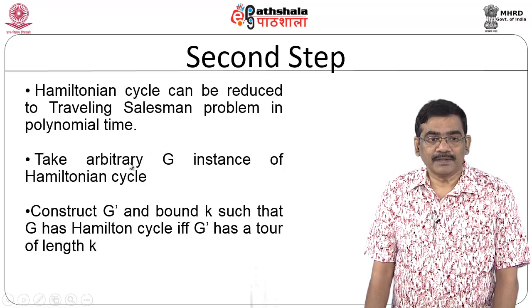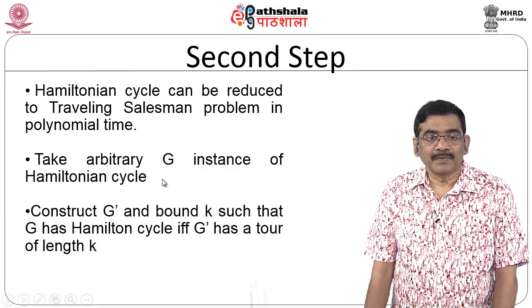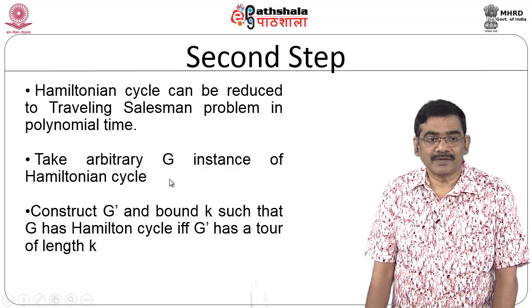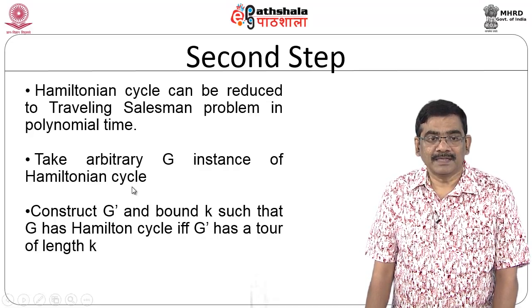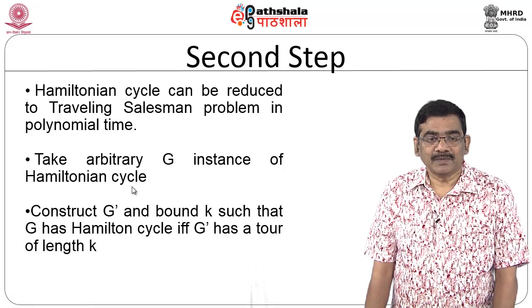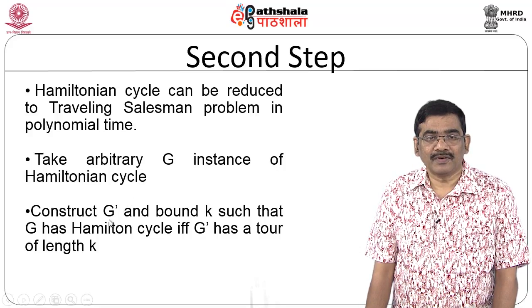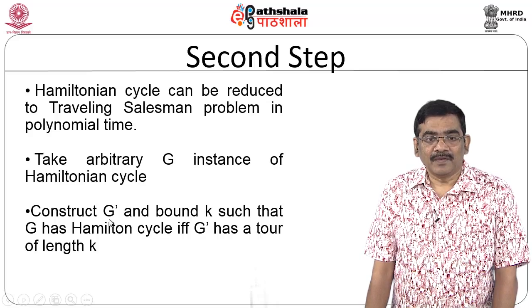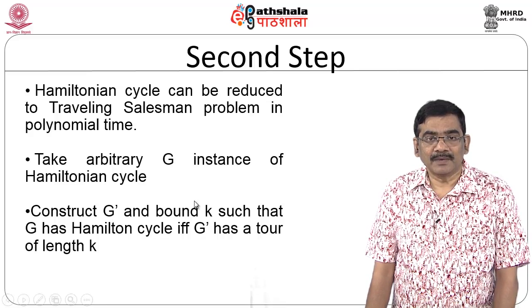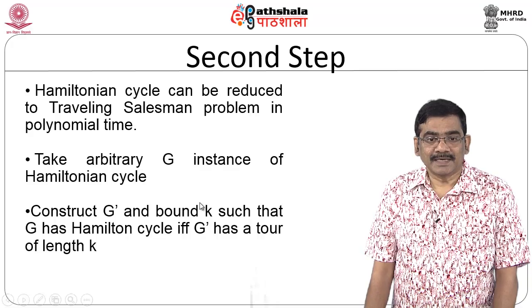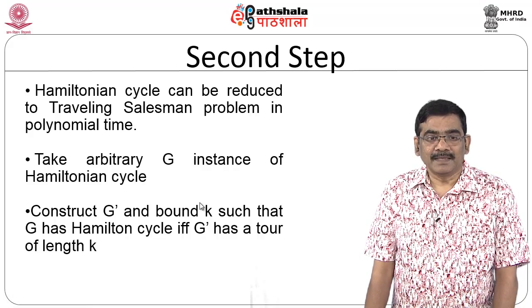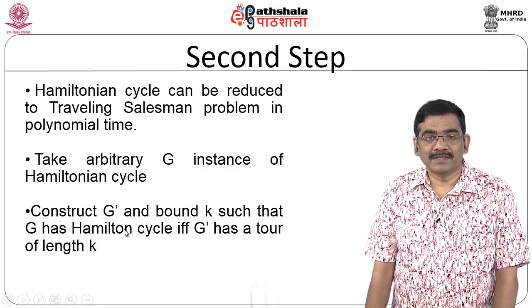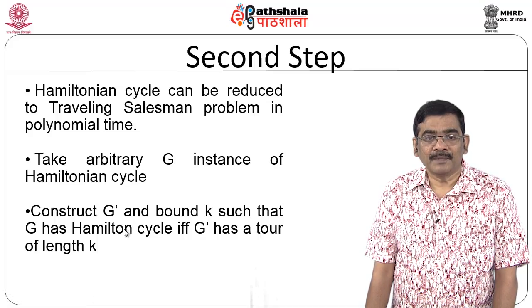What we are trying to do is take an arbitrary instance G of the Hamiltonian cycle problem, and construct a graph G prime, and give a bound integer k such that the graph G has a Hamiltonian cycle if and only if G prime has a tour of length k.